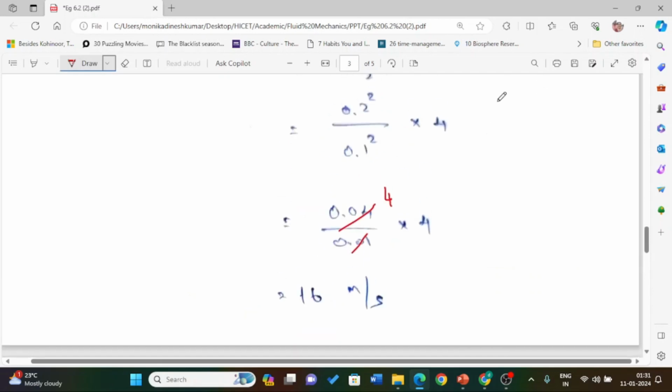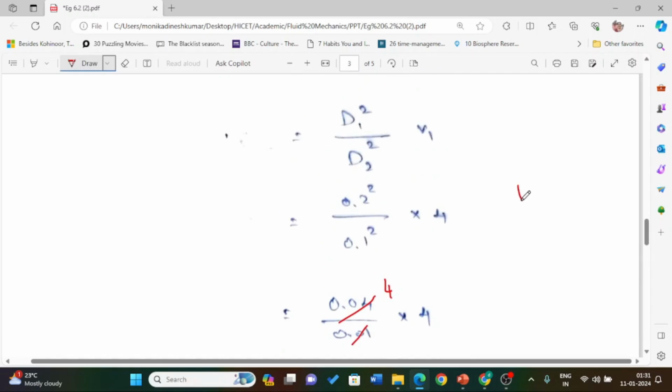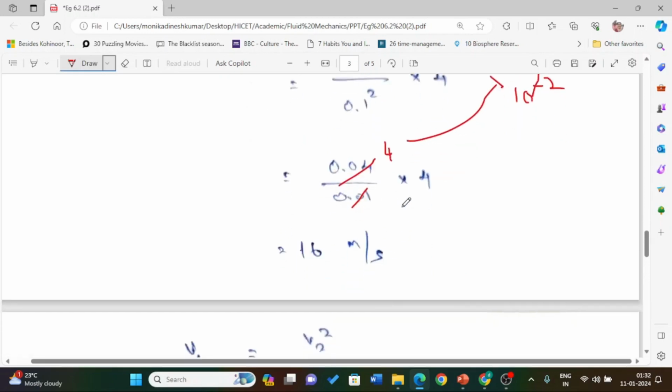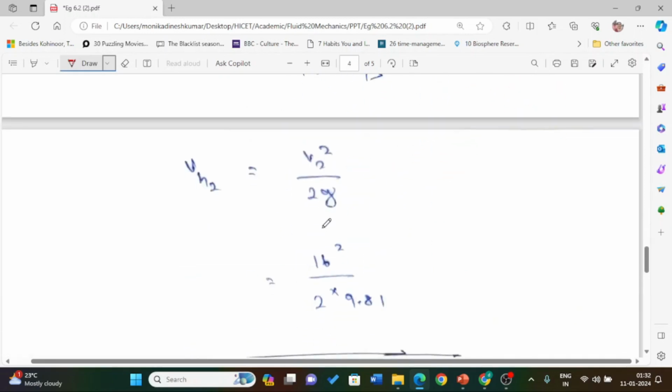We can also simply cancel out these terms, 10 to the power of minus 2 divided by 10 to the power of minus 2, and write it directly as 4. So 4 into 4 will be 16 meter per second.